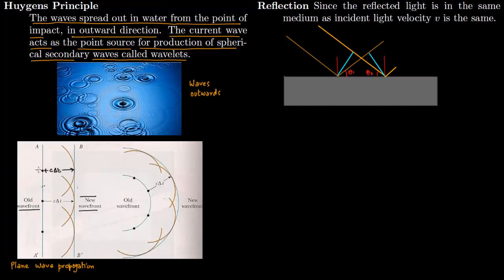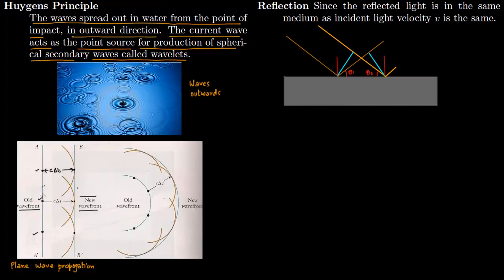So you do that at this point, you do that at another point, you do that at a third point, and then at this maximum point c delta t, through these 3 points you draw a line, you get BB prime, which is the new wave front.